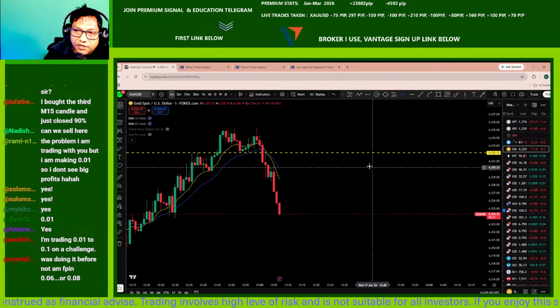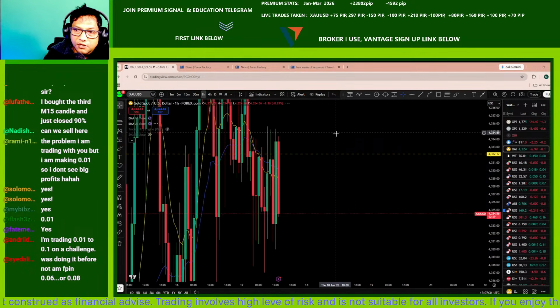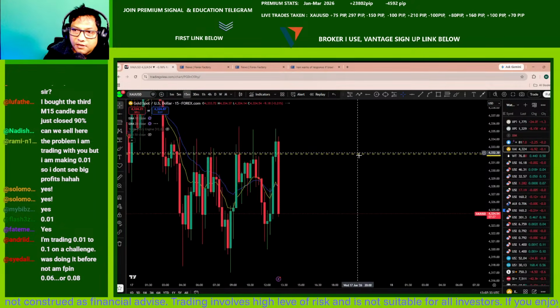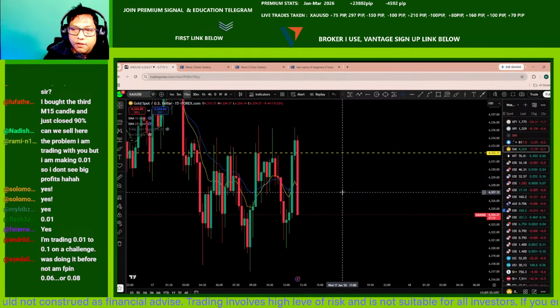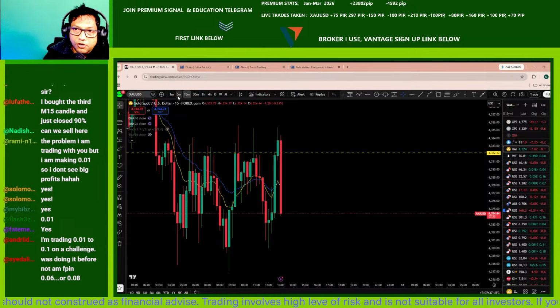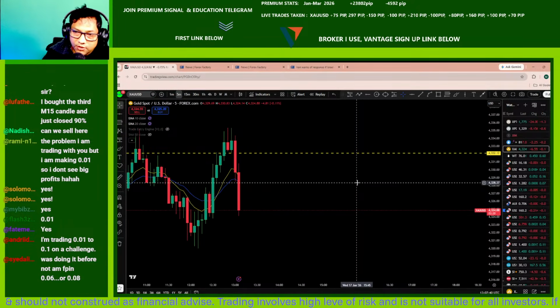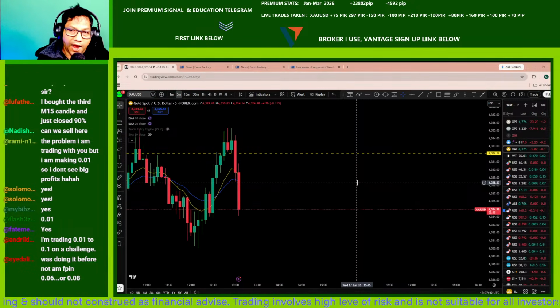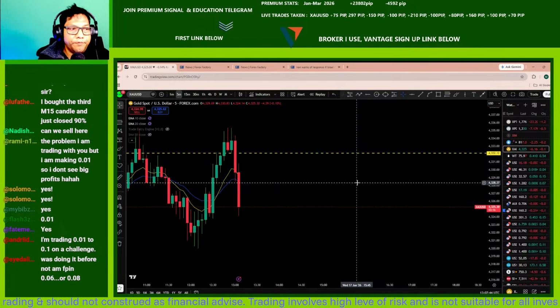So if you are finding it difficult to understand the lot size, and you feel you must trade on a fixed lot, then what I would suggest is to get an idea of an approximate lot.